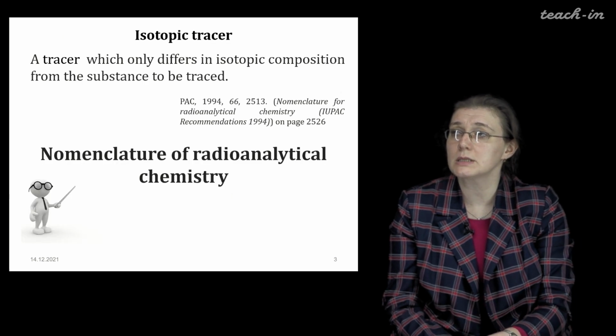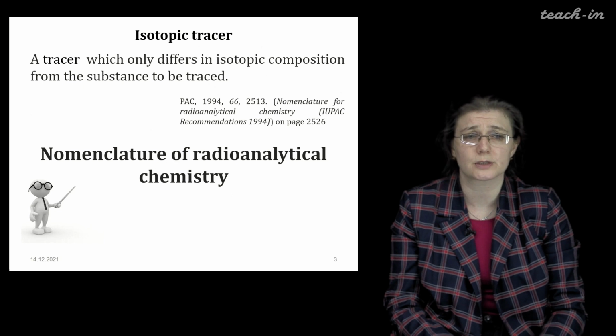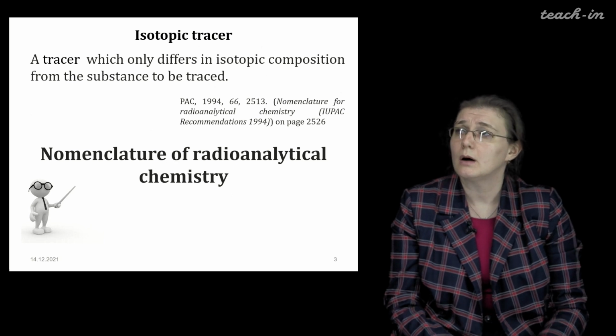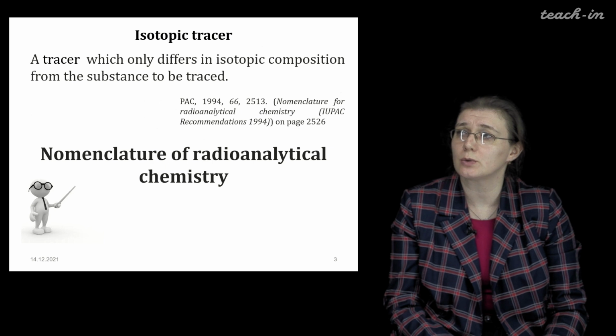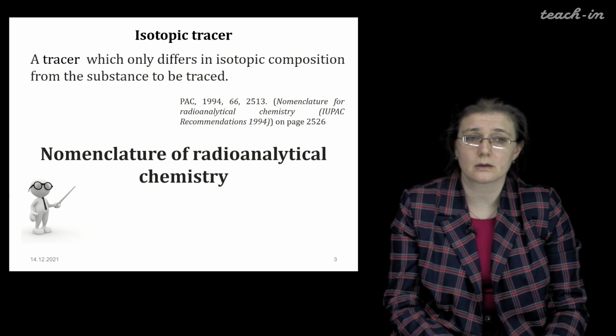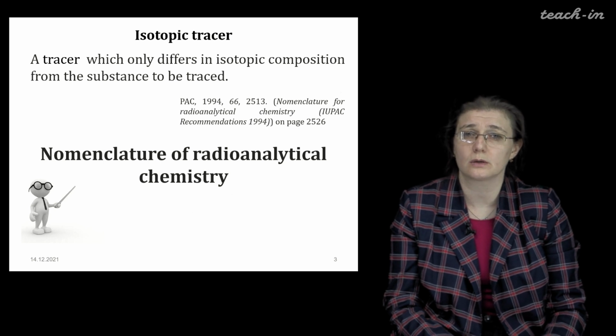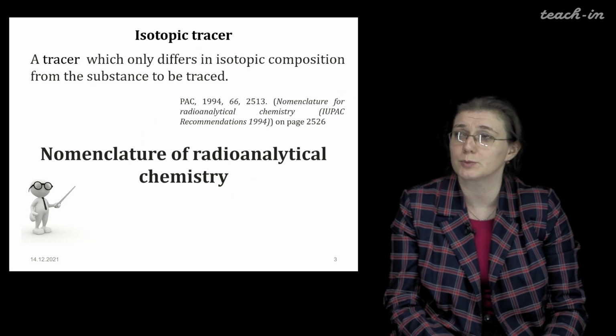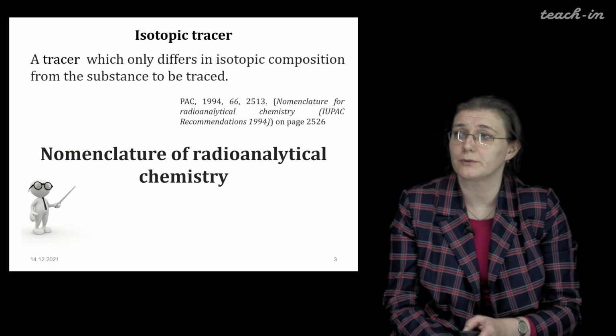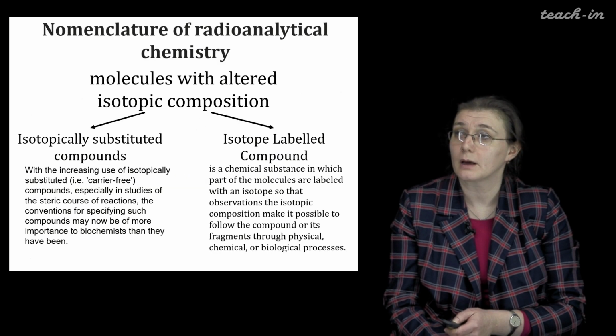And let's consider an isotopic tracer more exactly. It's a tracer which only differs in isotopic composition from the substance to be traced. The first question when we discuss labeled compounds or radioactive tracers is how to give a name and how to write a formula. In other words, the first topic is concerned with the nomenclature of radioanalytical chemistry.